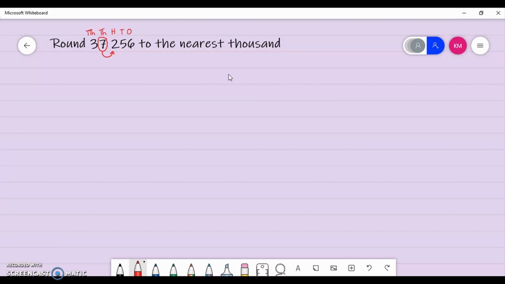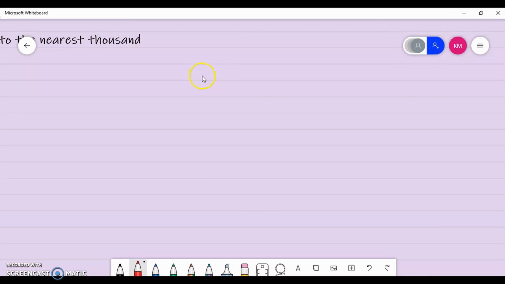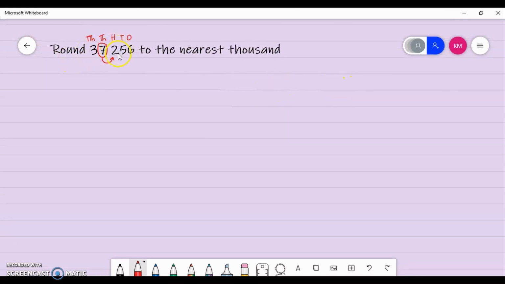And in this case, our digit there is 2. 2 is less than 5. So we simply leave that 7 as it is. So remember, we write back the digits before our 7. So that's a 3.